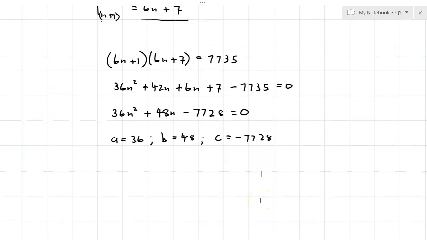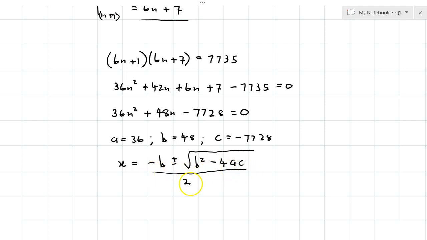Now we're just going to substitute in the formula. Remember, n must be a natural number, so it can only be a counting number starting from 1. That means we must take that into account. So x equals minus b plus minus square root of b squared minus 4ac all over 2a.